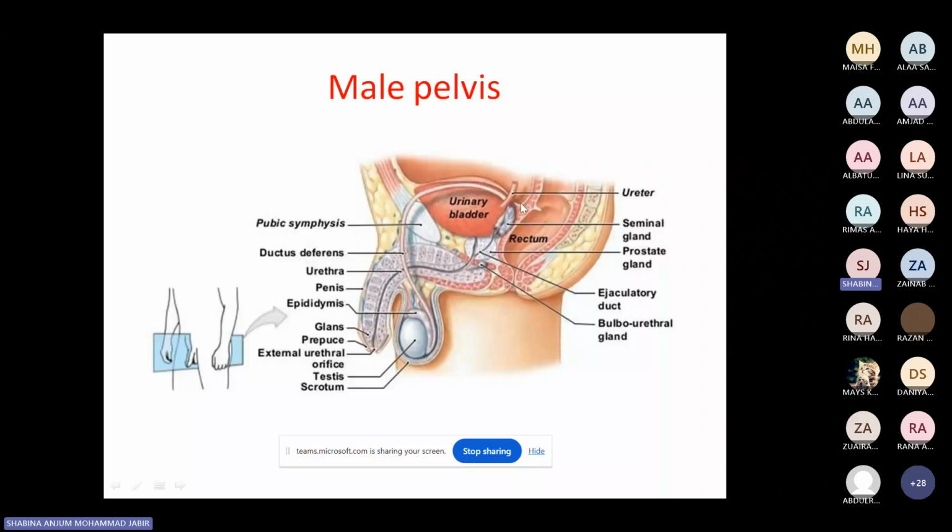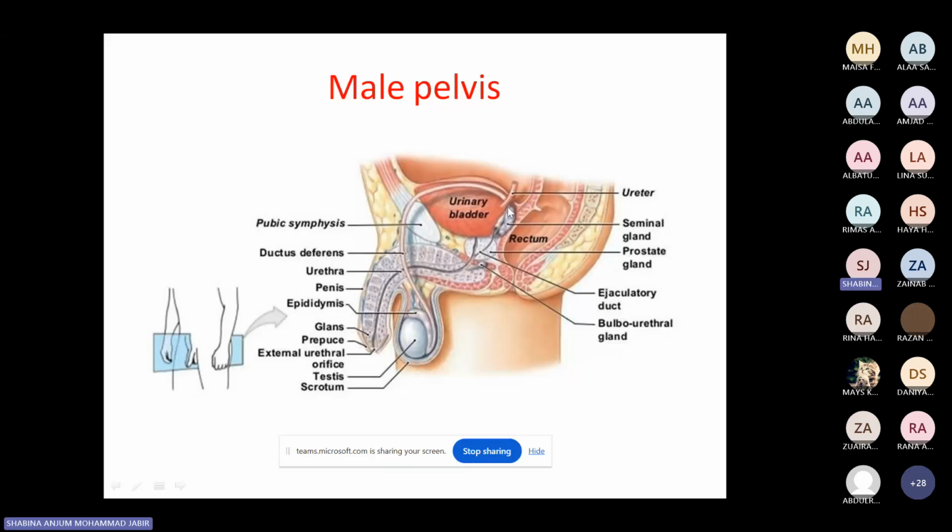Then this peritoneum will be reflected over the urinary bladder, and here it will form a pouch which is called, what is this pouch called? Yes, the rectovesical pouch. Very good, it is called the rectovesical pouch, and from here this peritoneum will be reflected over to the anterior abdominal wall.